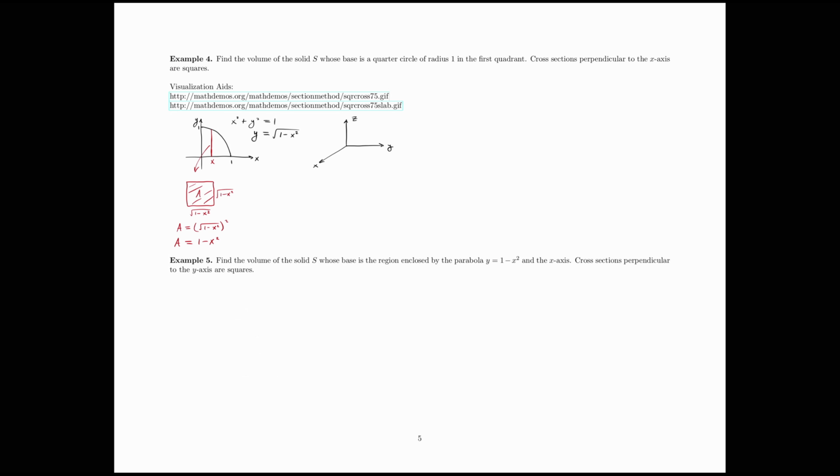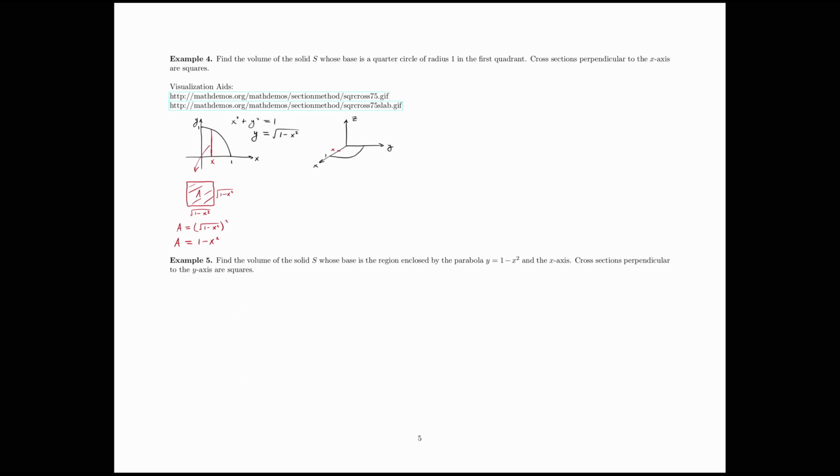So this would look something like maybe a little bit more. Not great, but with a little bit of perspective, that's what it looks like, more or less. And then here we want to pick some x value between 0 and 1. So let's just say right here. So there's some x value.